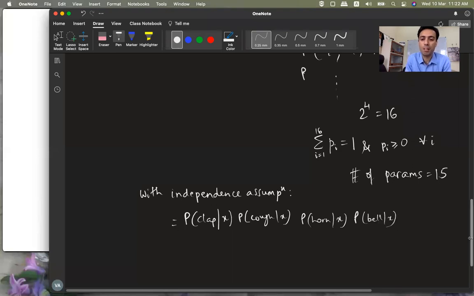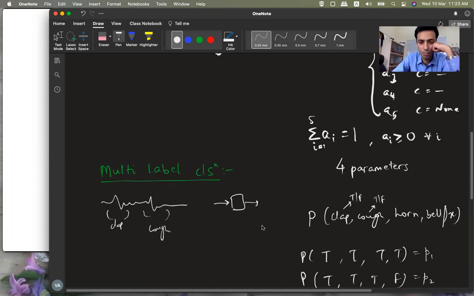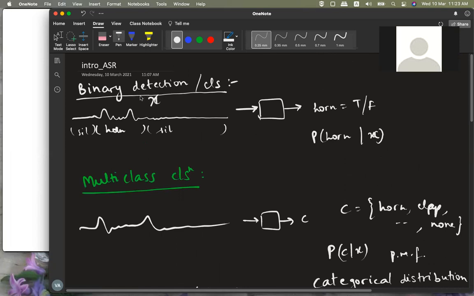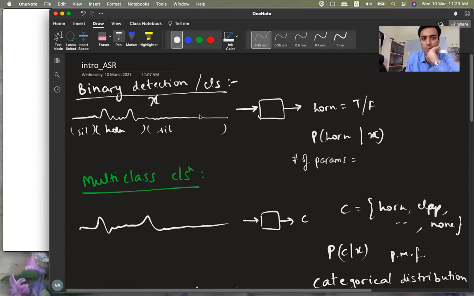So how many parameters are there now to define this distribution? In the first problem, the binary detection or binary classification problem, how many parameters were required?